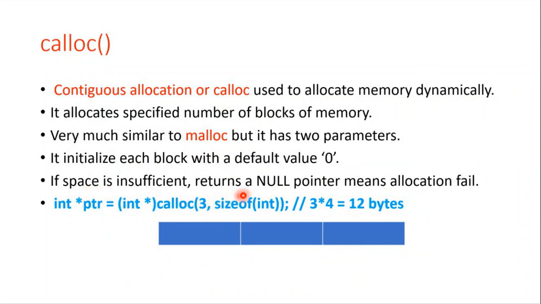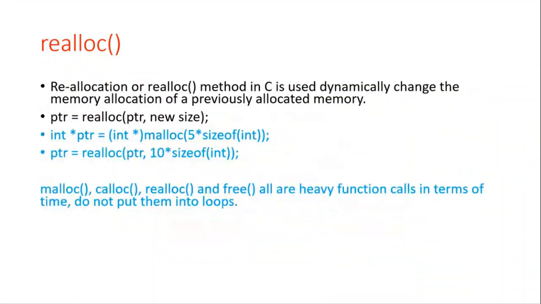If space is insufficient, it returns a null pointer, meaning allocation fails. Here you can see 3 blocks, meaning 4, 4, 4. 3 into 4 equals 12 bytes of memory allocated.